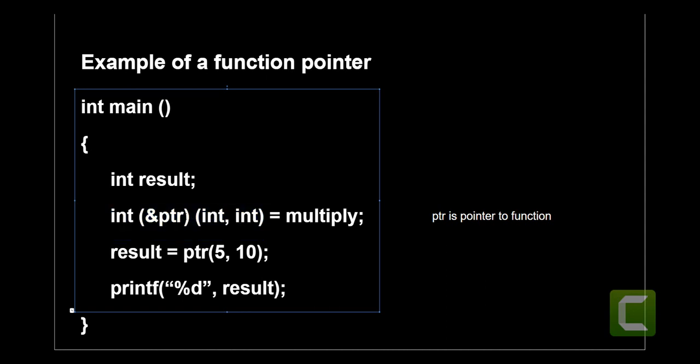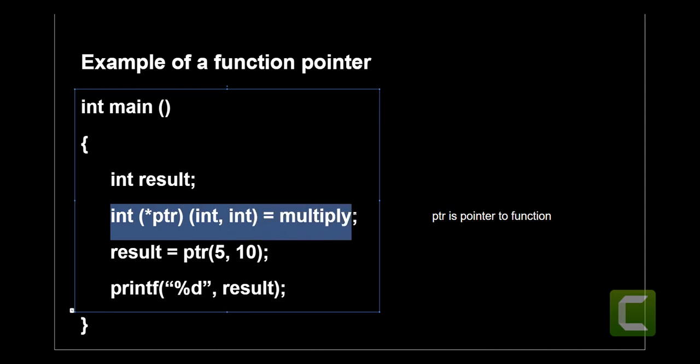And the other thing that we're doing here is declaring the pointer. This is the pointer that we want to have. And here, what I'm highlighting, we have declared and initialized the function pointer.